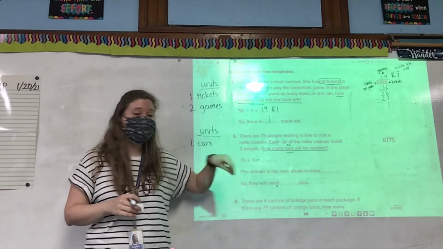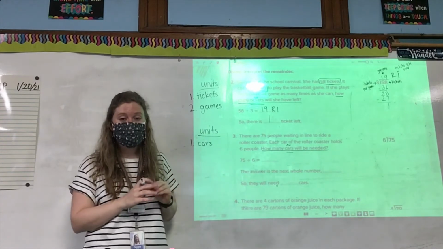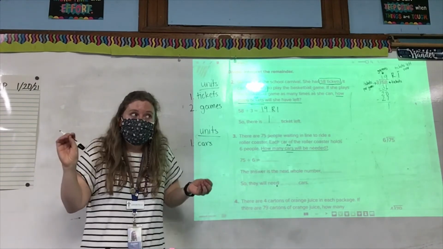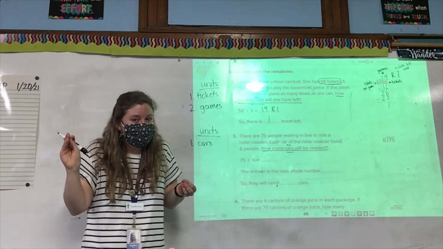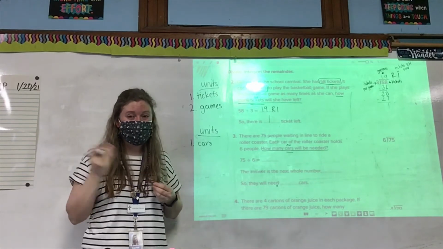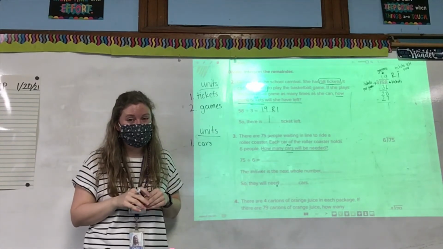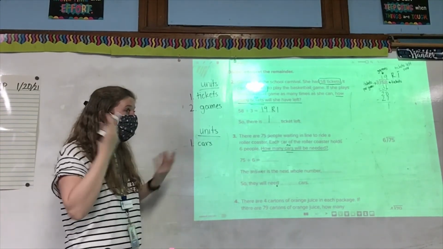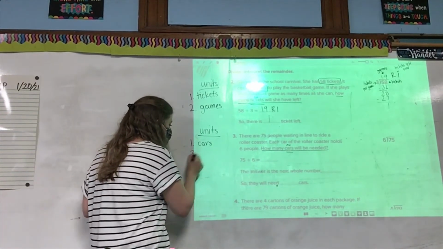Have we found anything yet that tells us people is one of our units? No. Can we probably say it's going to be our other unit? Maybe, but can we say 100% yes yet? No, we have to keep reading to find out. It probably is, but let's not put it down until we're sure.